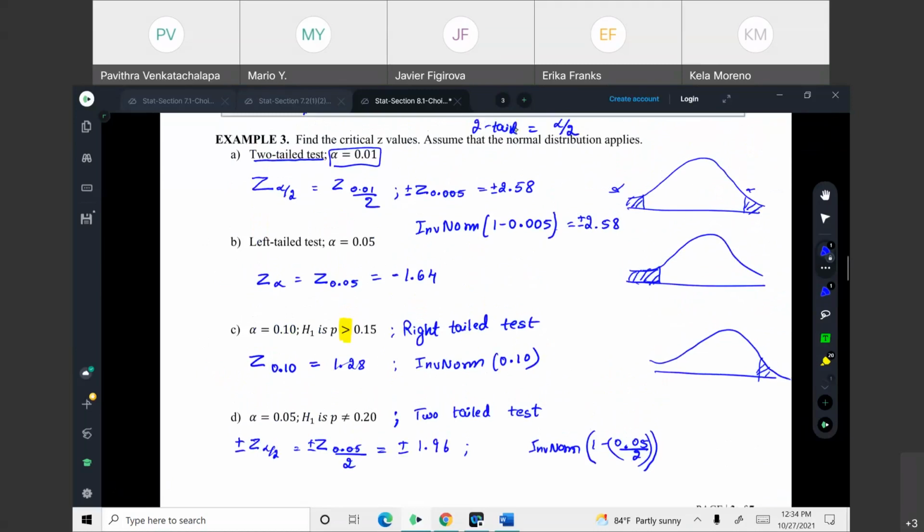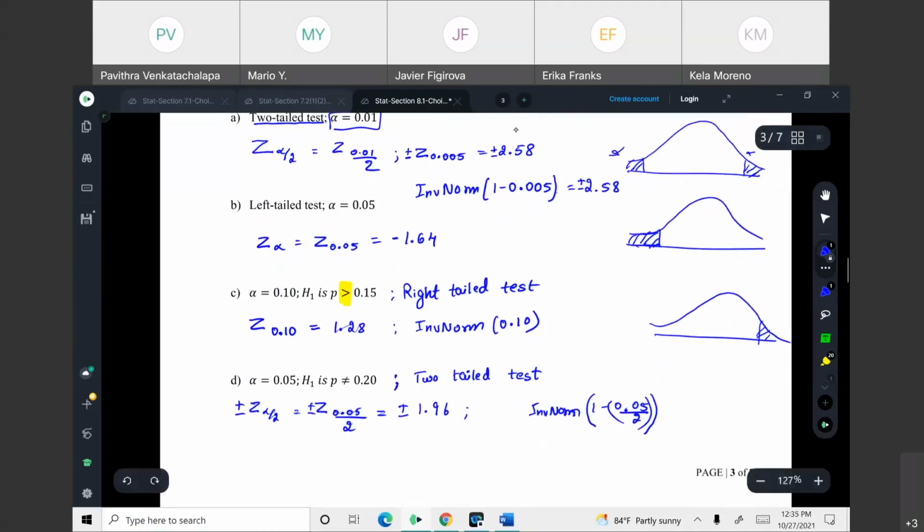So if you have equal to or not equal to, it is going to be a two-tailed test. If it is a two-tail, you will be calculating Z alpha by 2, and you will have two signs, plus and minus. Now if you have a left tail, that means the alternative hypothesis is less than, so you will be finding only Z alpha and you will have one sign.